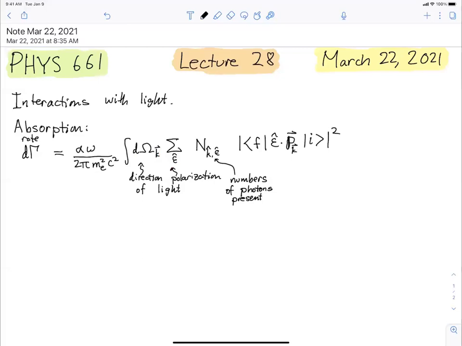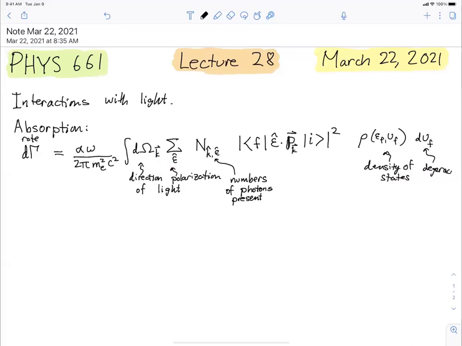And then there's a density of states. And then finally, you have to sum over any degeneracies. For each different state that you have that has the same energy, you can have a transition that contributes to the rate. So you should sum or integrate over the degeneracies.